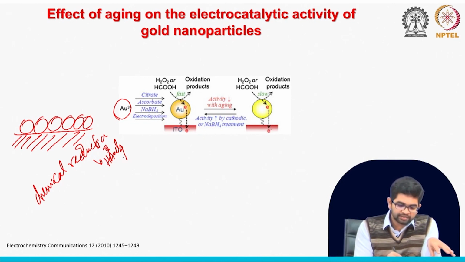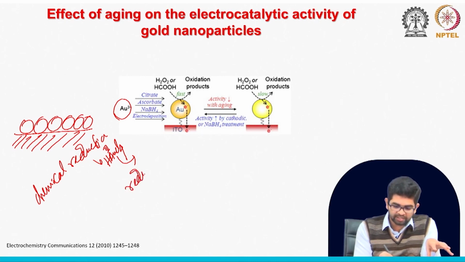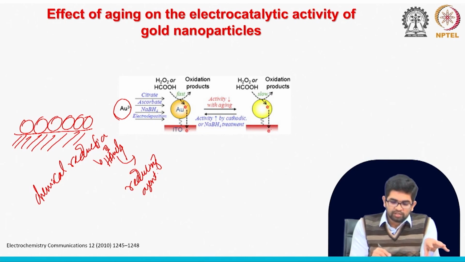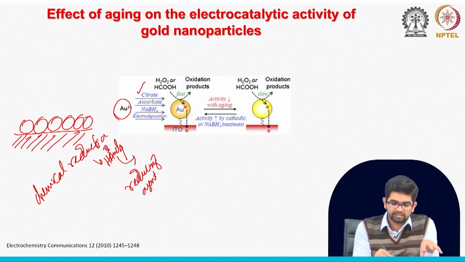So, chloroauric acid, and we can reduce it by using a chemical. What kind of chemical? Some reducing agent. For example, here I put citric acid or sodium citrate, ascorbic acid or some ascorbate salt, and sodium borohydride.